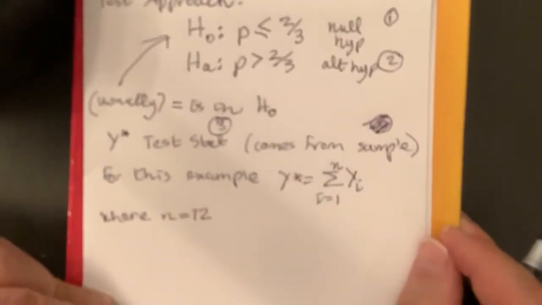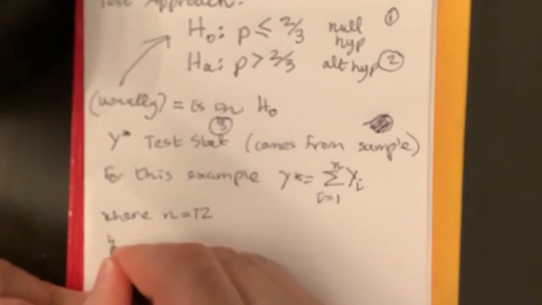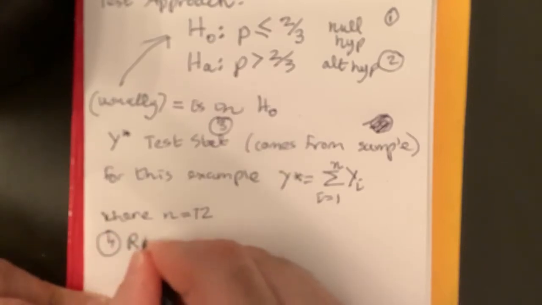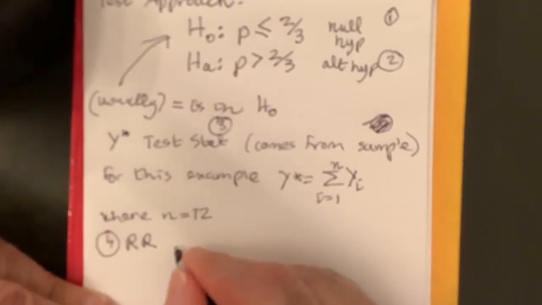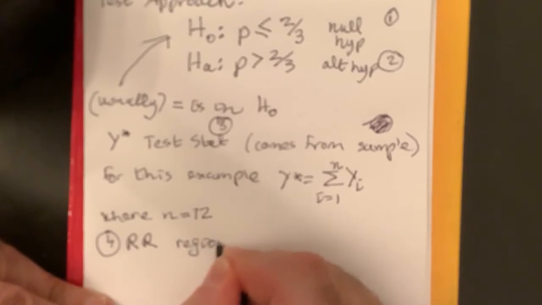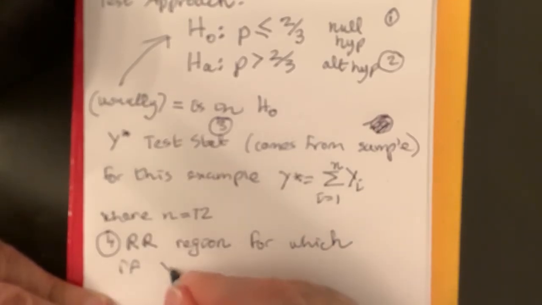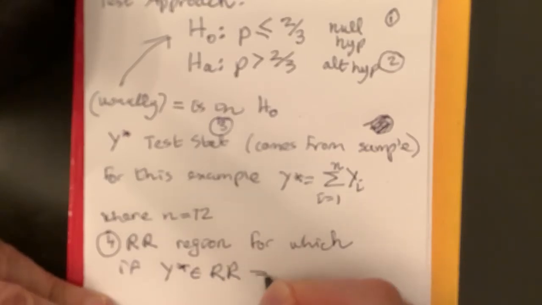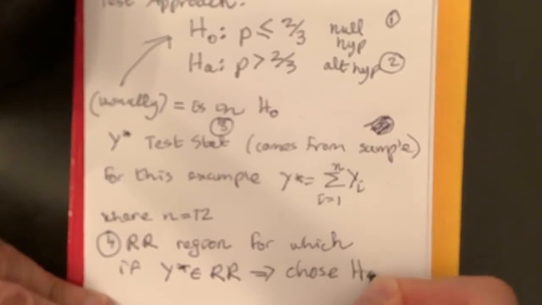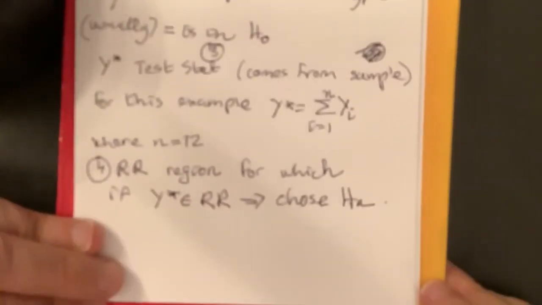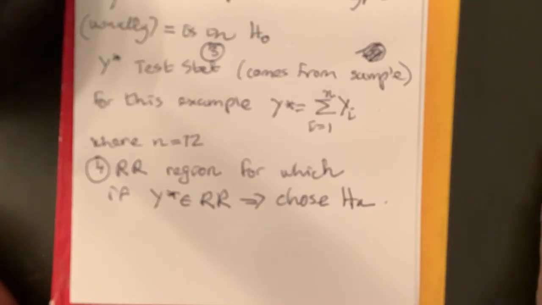And 4 would be the rejection region. So this is the region for which, if y star is in the rejection region, this implies we choose HA. Okay, so that's the region where we choose HA.